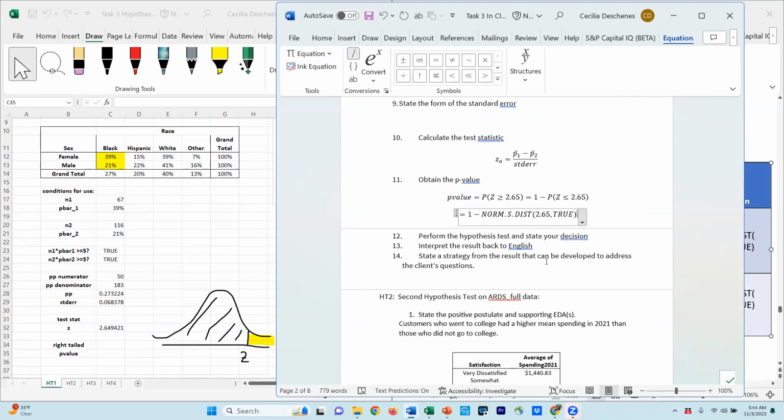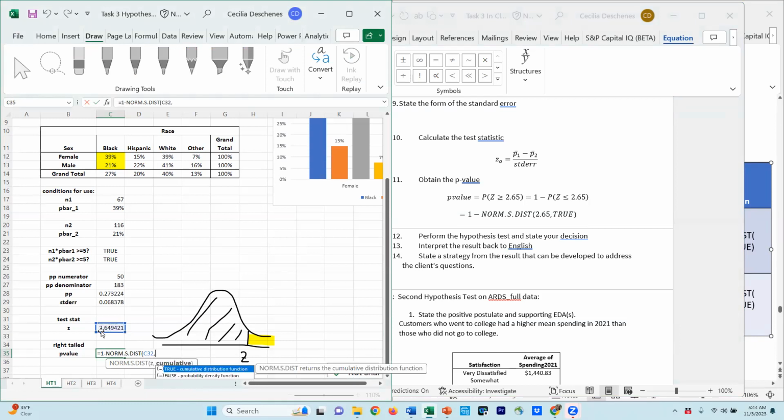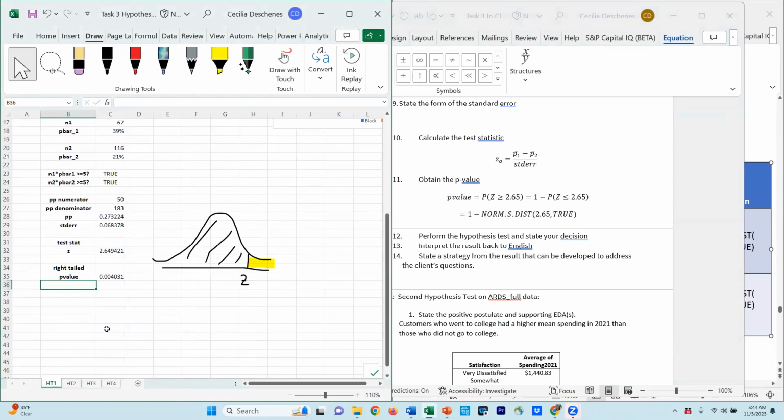All right, so let's go in and get what that is. So this part is where we're going to do this over here in Excel. So this is going to equal 1 minus NORM.S.DIST, point to the Z, and then we're going to say true. Okay. So now we get the p-value, and we can state what our alpha is.